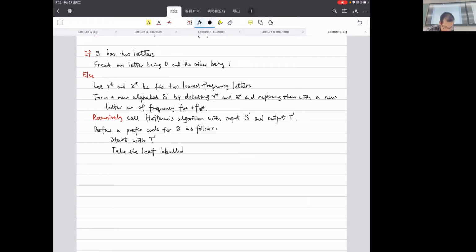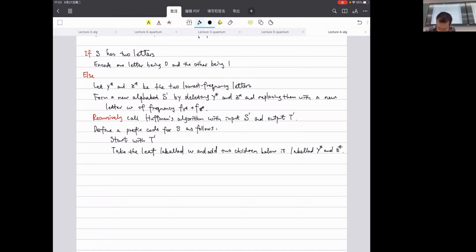We need to restore W to be Y star and Z star. So we take the leaf labeled W and add two children below it, labeled Y star and Z star.